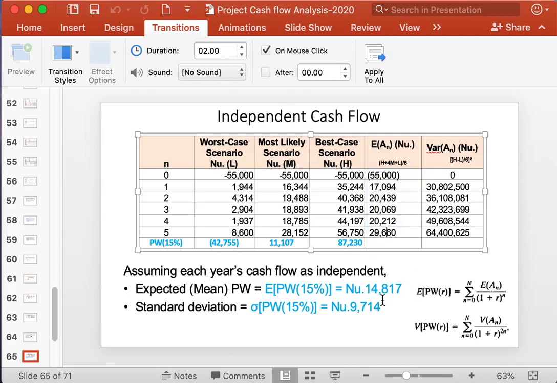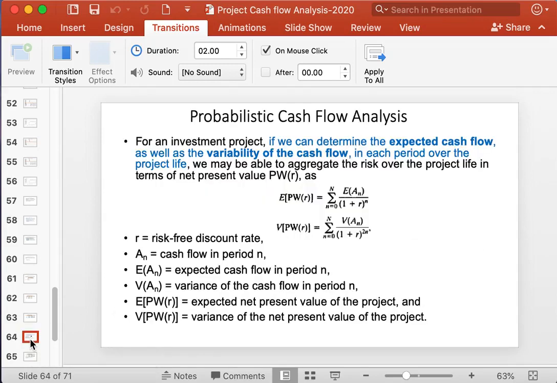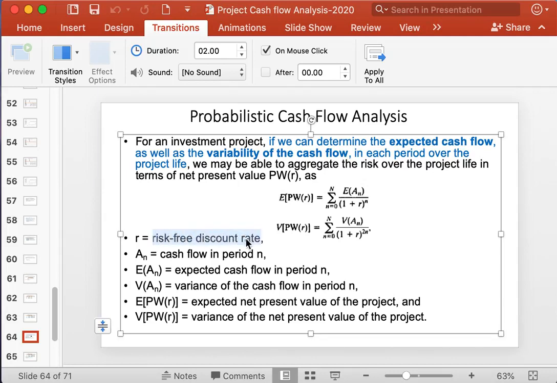Okay, so to find that, we use this formula: expected present worth at given MARR. But this R in this equation is the risk-free discount rate. So in the calculation of this MARR, the risk is not considered.